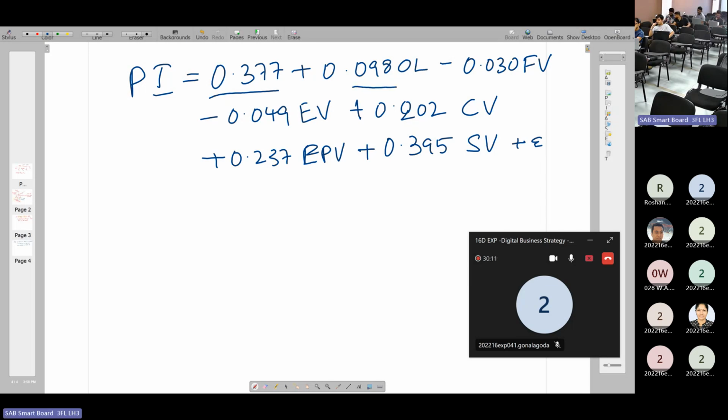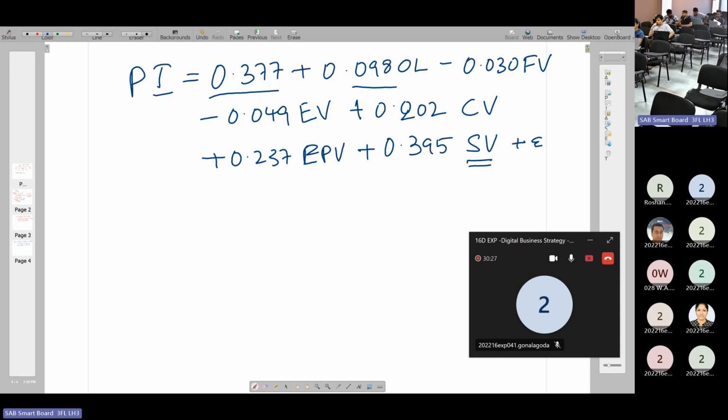For instance, how can you interpret SV, 0.395? Now remember how we have measured these variables in 1 to 5 Likert scale, right?